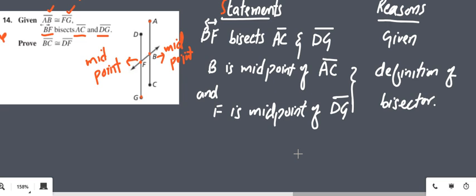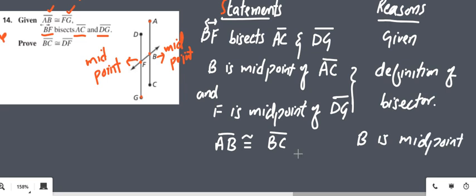If B is the midpoint, that means AB is congruent to BC, because B is the midpoint. Got it?